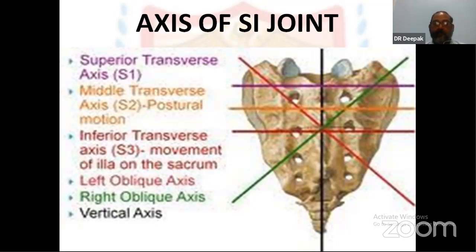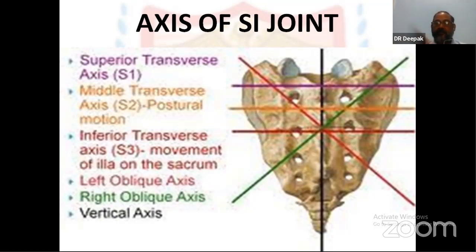Then come to the next, that is the oblique axis. When we look at the sacrum from the posterior side, that means the face is anterior and the back is posterior, when we look at the patient from the posterior side, the right side axis is the right oblique axis, the green one. You can see in the picture that green one is the right oblique axis and the red one is the left oblique axis.